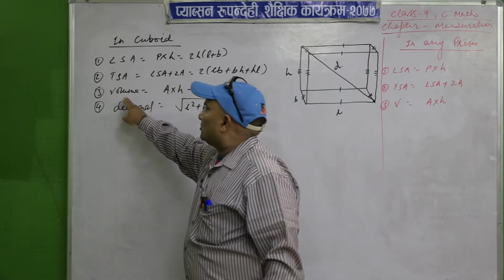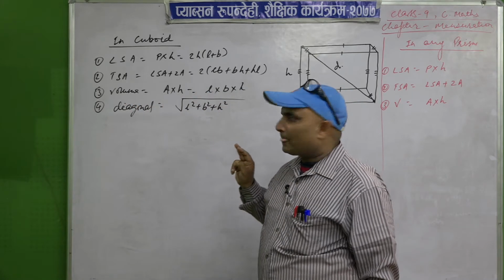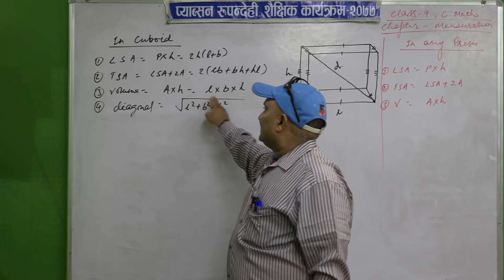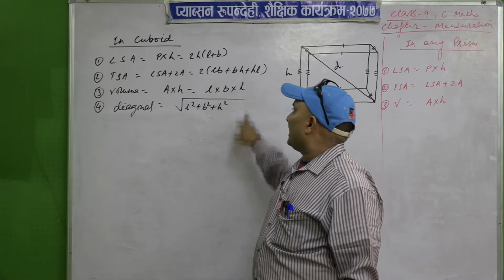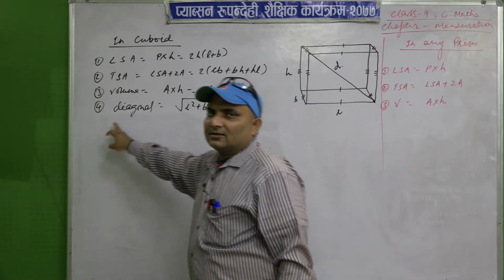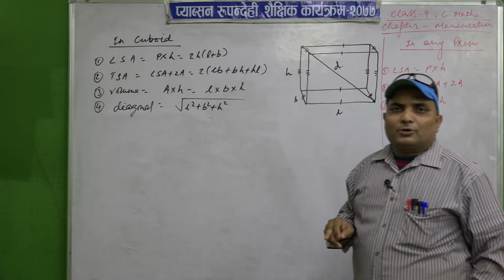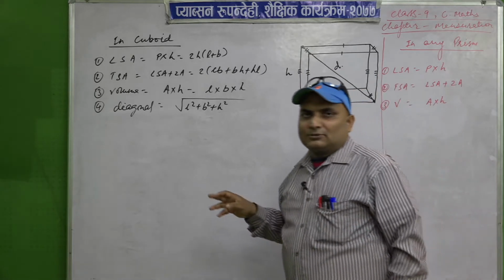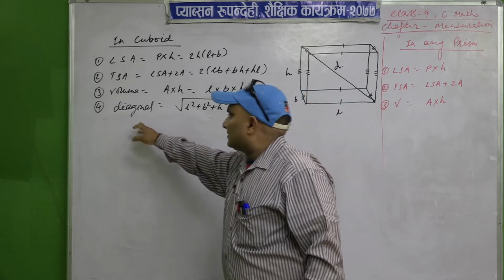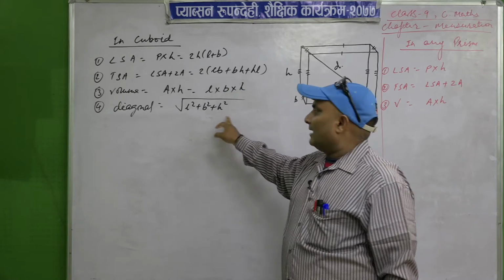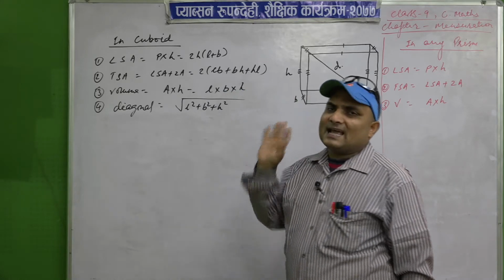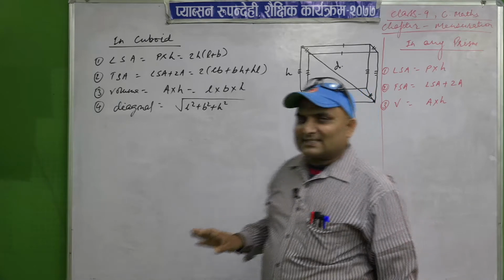Similarly, volume of the cuboid is A into H, or directly L into B into H. And similarly, the diagonal: see here, this line is called the diagonal of the cuboid. We have also discussed it, and the value for the diagonal of the cuboid is under root L square plus B square plus H square. This much we discussed yesterday.